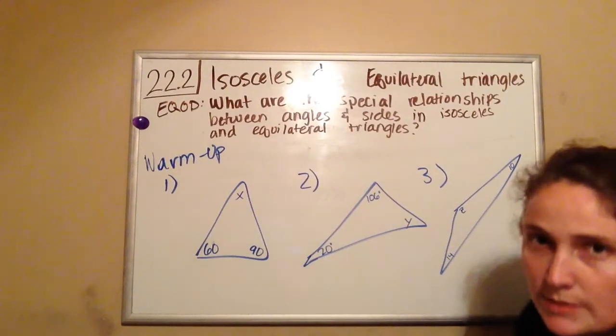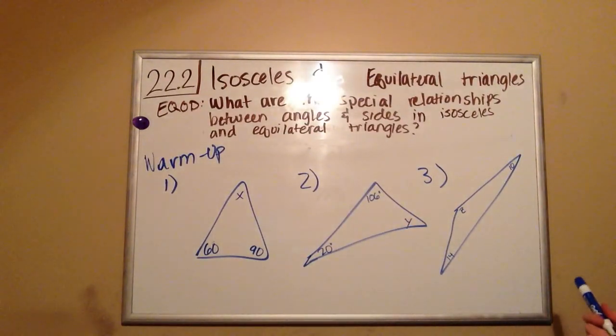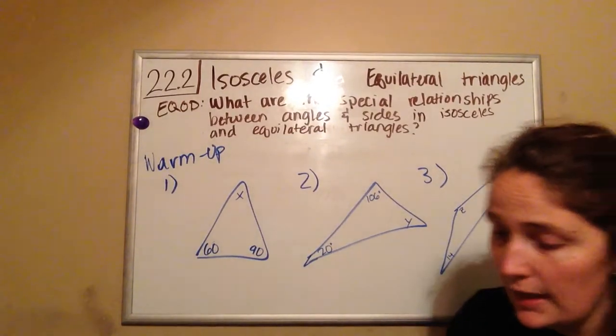Okay, go ahead and find these missing variables, X, Y, and Z. You should remember that a triangle adds up to 180 degrees. Okay, so the three angles in a triangle add up to 180. Alright, do these on the left-hand side.